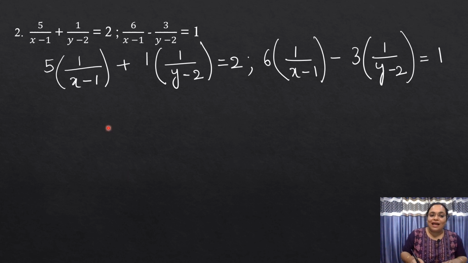Okay. Now let us replace 1 by x minus 1 and 1 by y minus 2 as a and b.